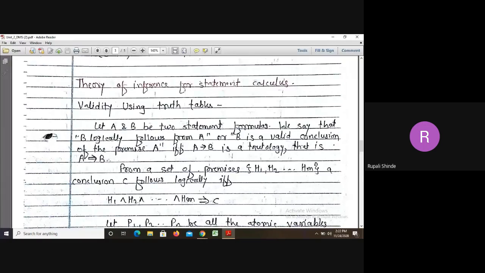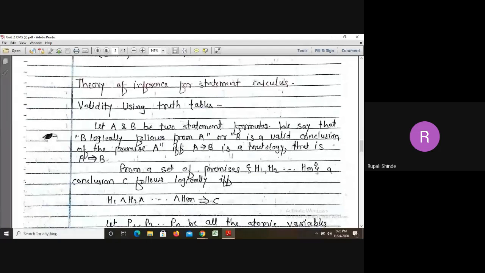Suppose two different formulas are given, A and B, and we have to check whether B is a valid conclusion for A or not. How can we check it?